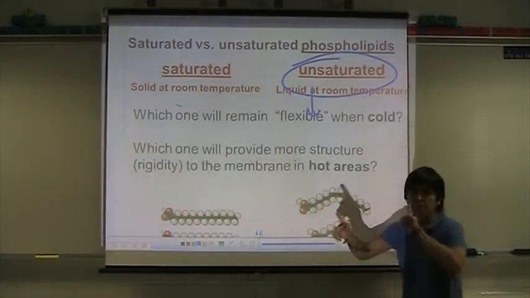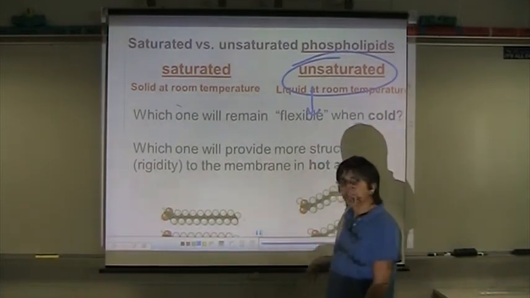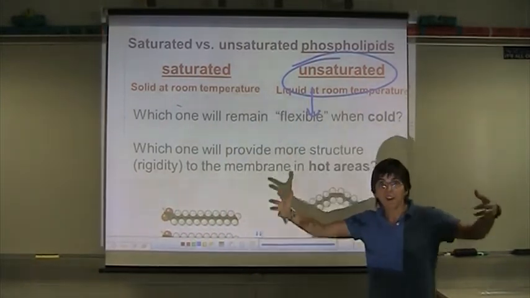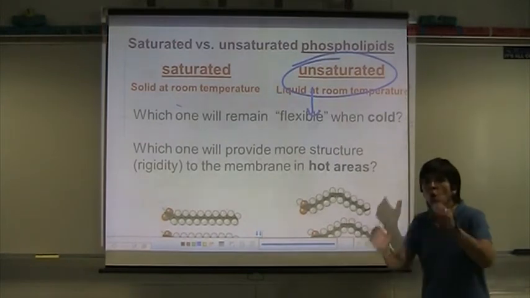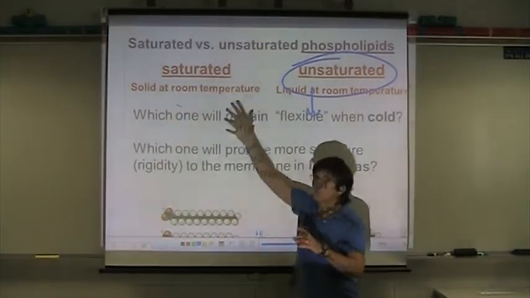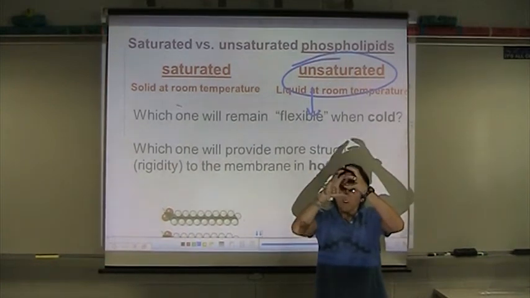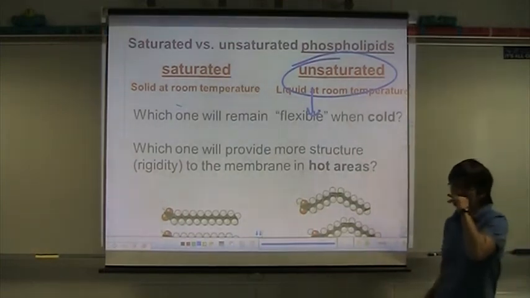Now, opposite. What happens if you are in very hot areas? You live in the tropics all the time, or in the Middle East in the summer when it's 110 degrees all the time. Which of these 2 will allow you to keep your membrane more together without just melting away totally in the heat?